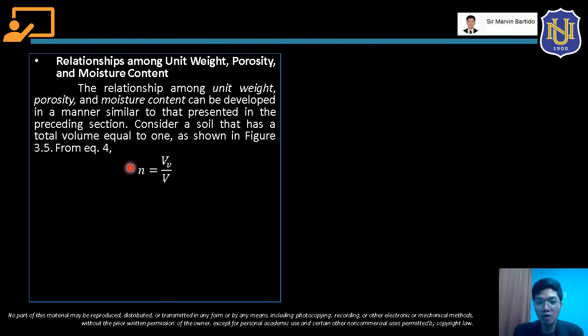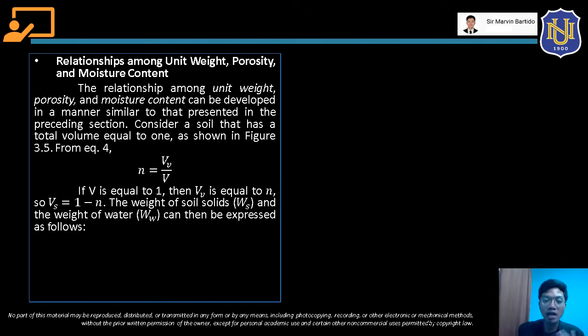Okay, so ito, class, yung formula ng porosity. Ito ay volume ng voids over the total volume. So kung gagawin nating 1 yung total volume natin, just to derive relationships here, yung porosity natin ay equal lang sa volume ng voids. Tama?